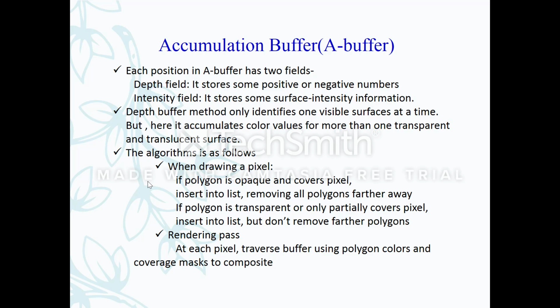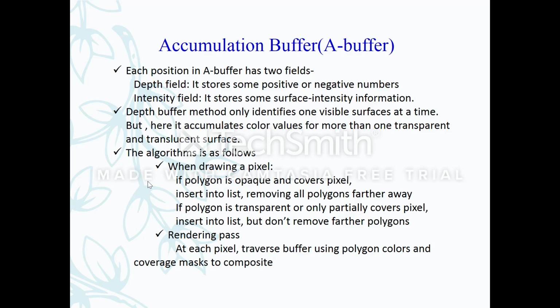The depth field stores some positive or negative number. The intensity field stores some surface intensity information, that is, the color value at that pixel. The depth buffer method only identifies one visible surface at a time, but here it accumulates color values for more than one transparent and translucent surface.